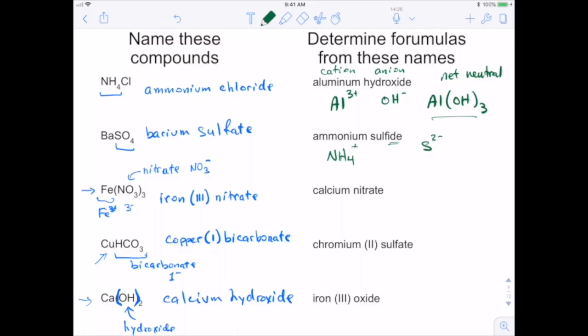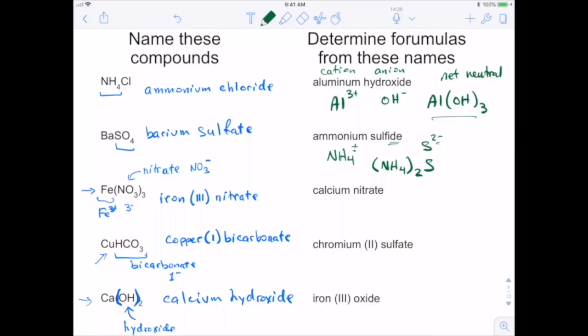Again, in doing so, it becomes isoelectronic with its nearest noble gas and therefore in the most stable electron configuration. So we have 2 minus charges and 1 plus charge. So again, we need to use our parentheses. In this case, they need to be around the ammonium ion to show that we have 2 of those for every 1 sulfide ion. Again, to give us a compound that is net neutral, a formula unit that is net neutral.